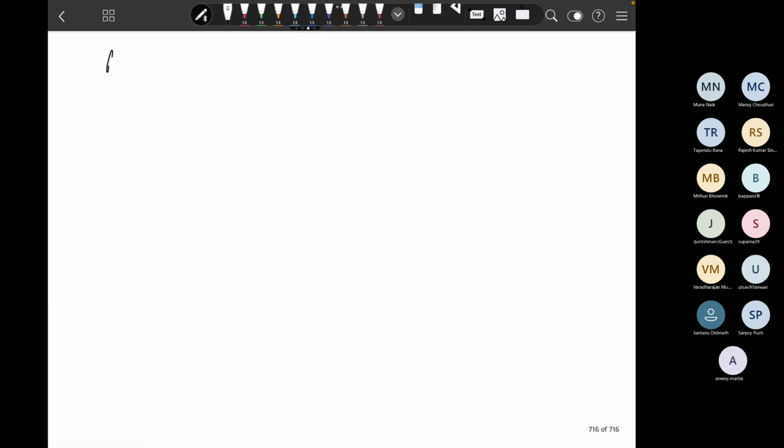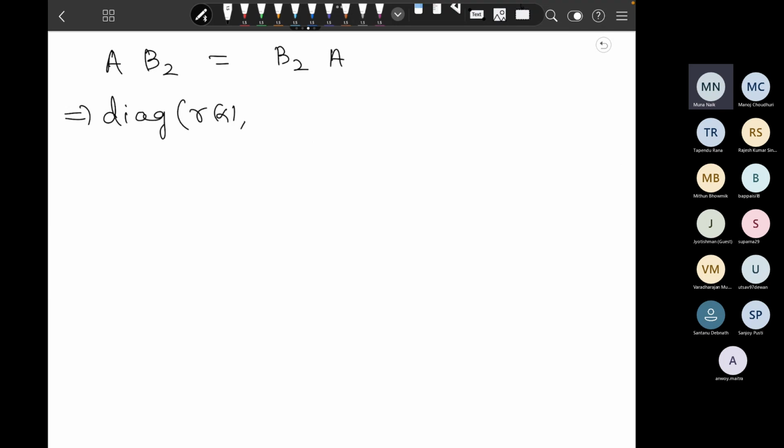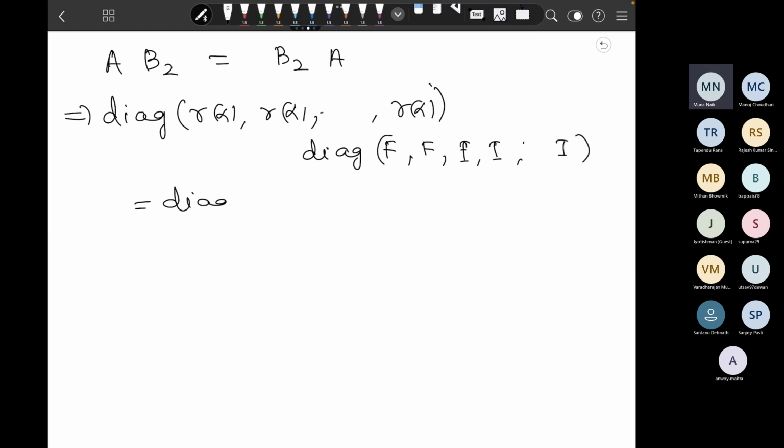Now A B2 is equal to B2 A. So let us write this. What is A? This is the diagonal of R alpha, R alpha, R alpha. And what is B2? This is the diagonal of F, F, identity, and everything is a 2 cross 2 matrix here.